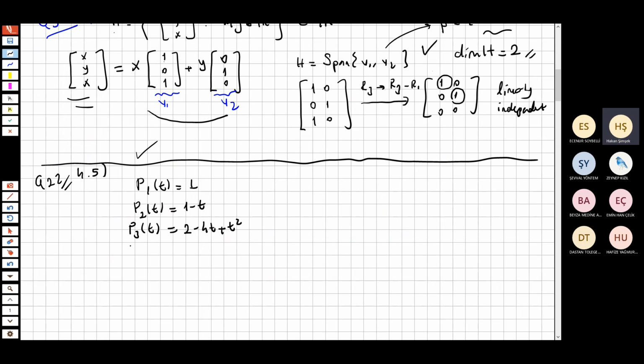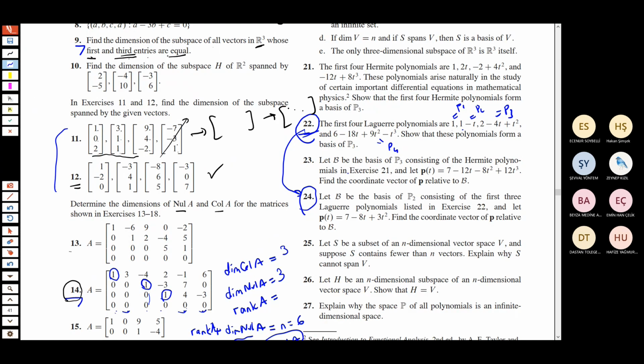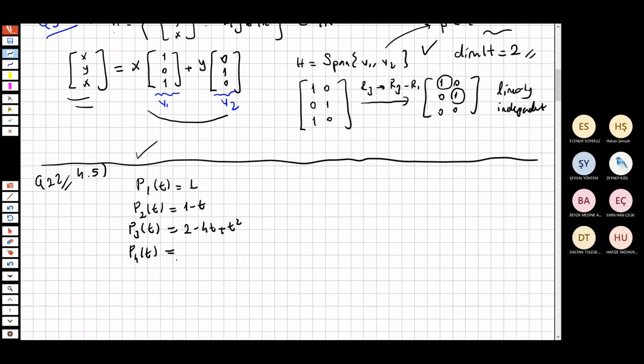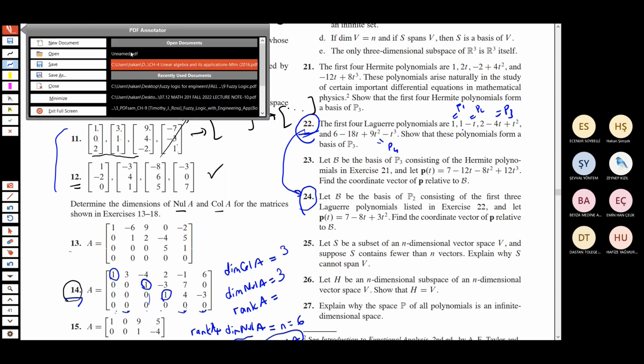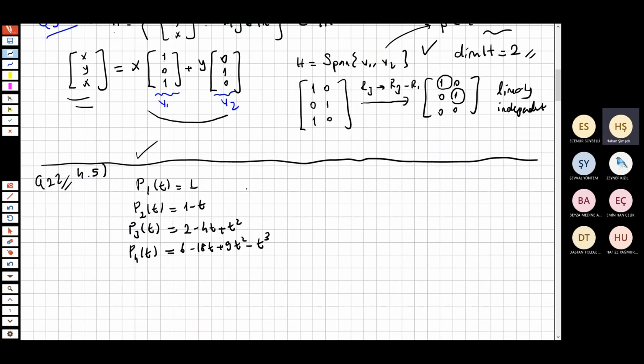P4(t) is equal to 6 minus 18t plus 9t squared minus t cubed, I guess. Minus, plus, minus. Okay, there is no problem.